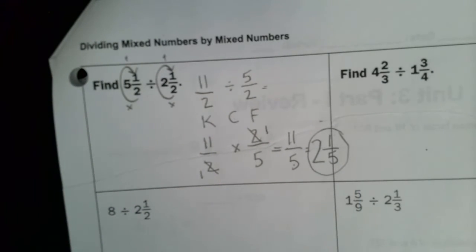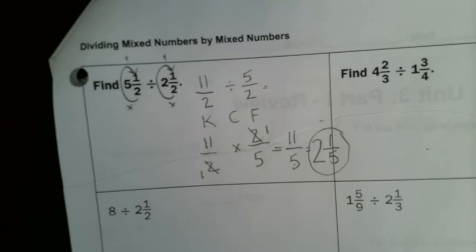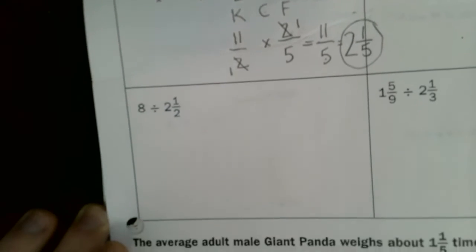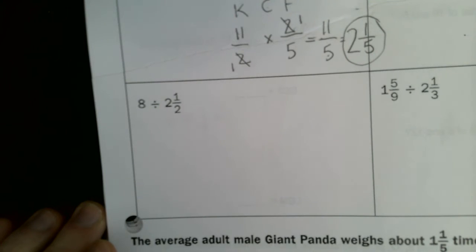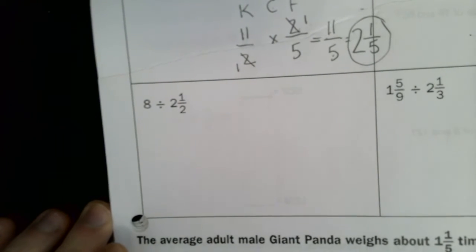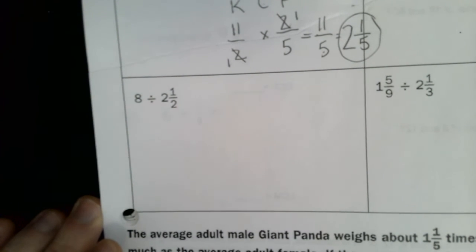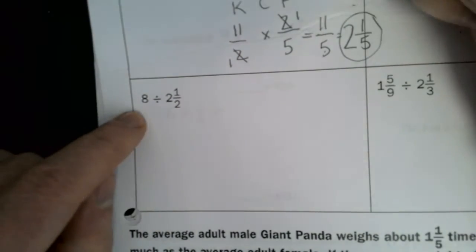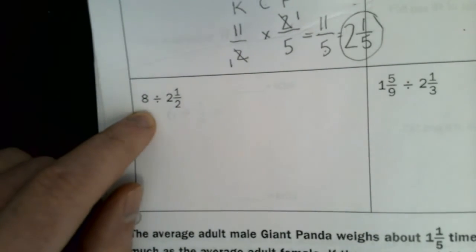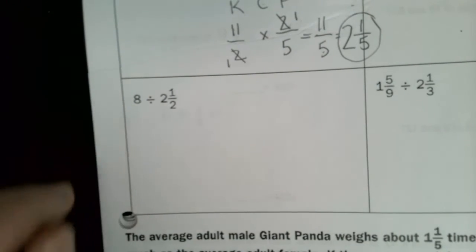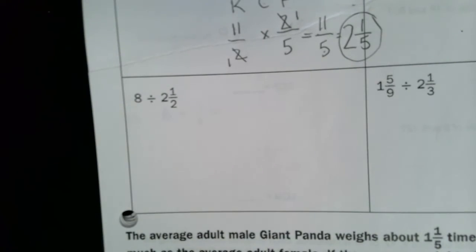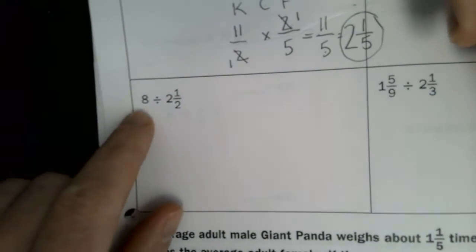All right, let's try one more. Let's do this one right below here. So again, when we're dividing any fractions or any mixed numbers, we always want to write each number as a fraction.